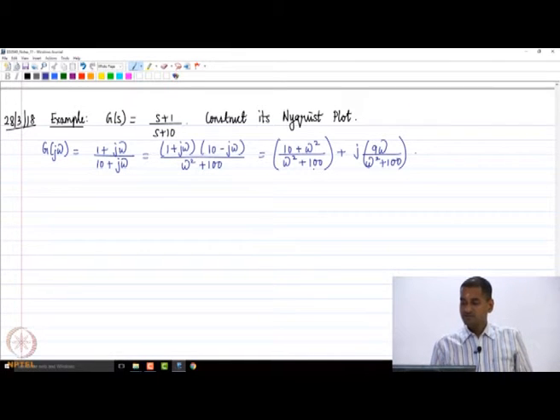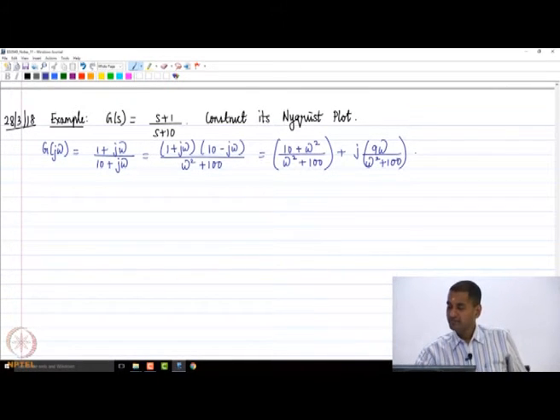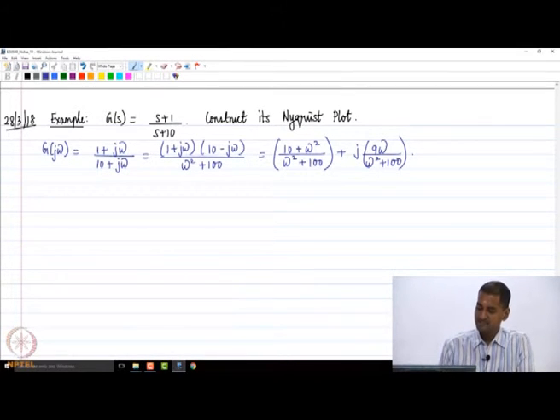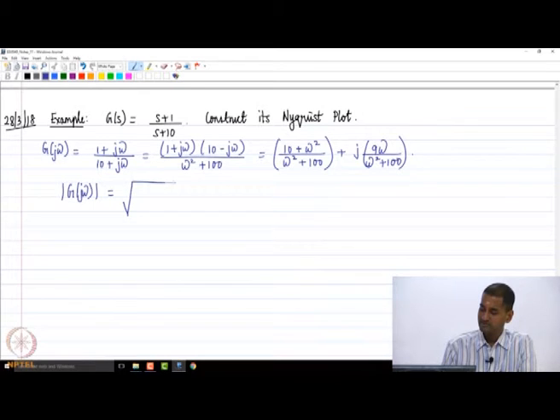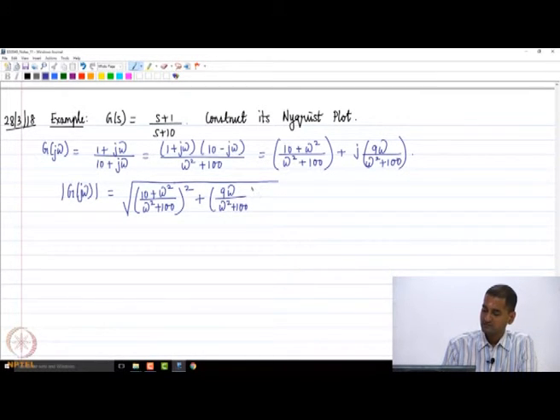In terms of magnitude and phase, what are we going to have? If I write the magnitude and phase of the sinusoidal transfer function, the magnitude is going to be the square root of the real part square plus imaginary part square. So we get the square root of 10 plus omega square divided by omega square plus 100, whole square, plus 9 omega divided by omega square plus 100, whole square.